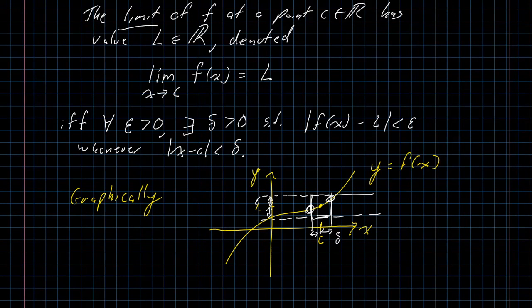We can always draw a box so that the graph exits the box on the left and on the right, and not on the top or on the bottom.